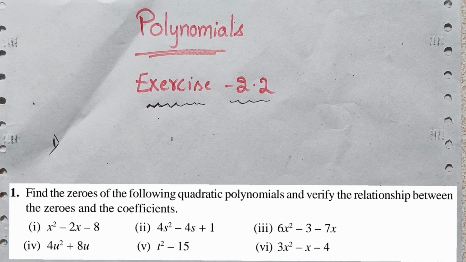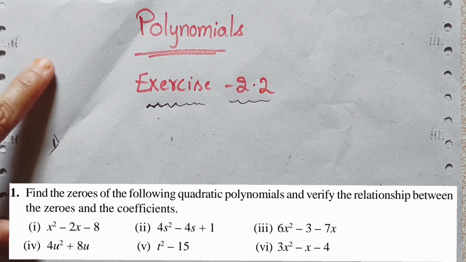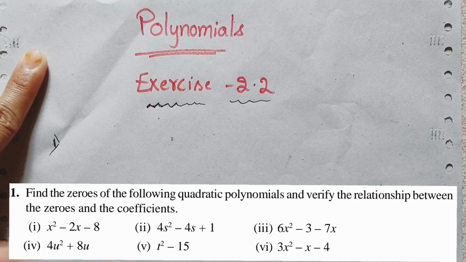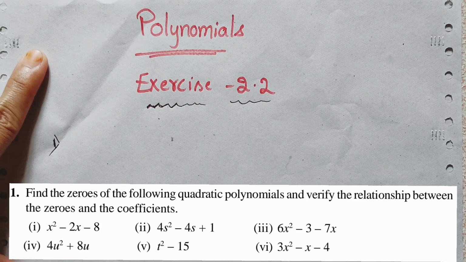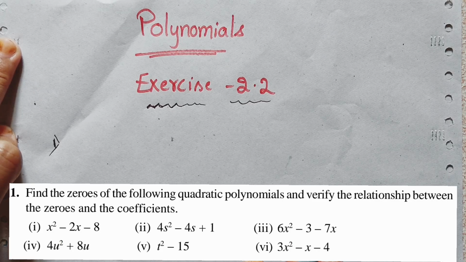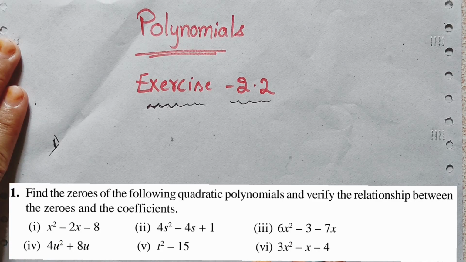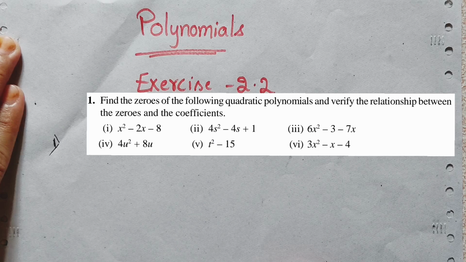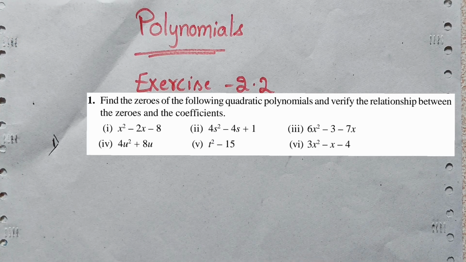This type of problem we have already done in the example problems. If you didn't watch that video, please go and watch that video first and come back to this video. Then only it's easy for you to understand this exercise. Let's see the solution.